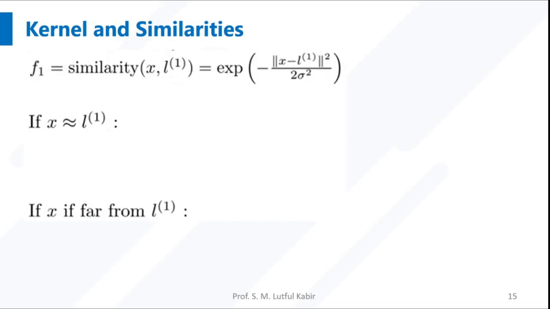Now let us discuss more about kernel and similarity. What is the meaning of similarity? Let us say f1 is given by this equation, which we discussed in the earlier slide. The similarity of x and L1 is e to the power minus the magnitude of x minus L1 squared divided by 2 sigma square. Because there are n features, for every feature you take the difference, square them, and then sum them together.